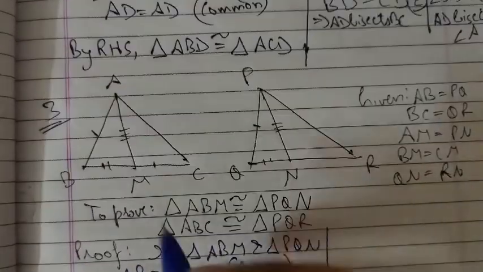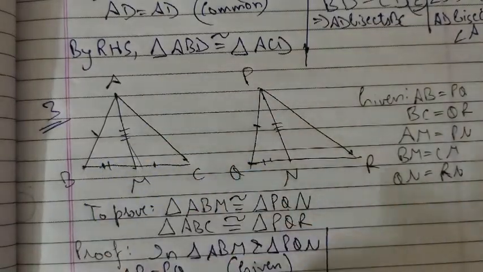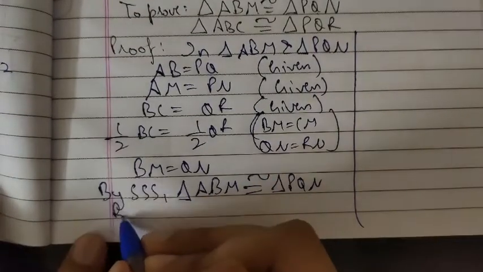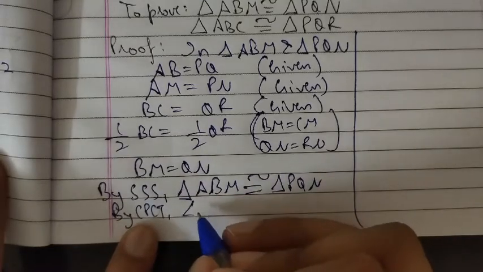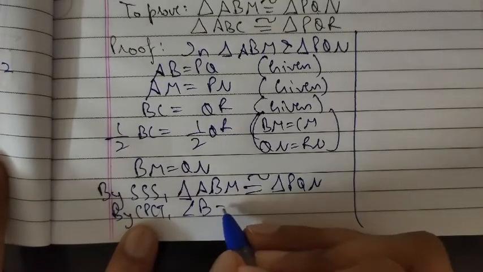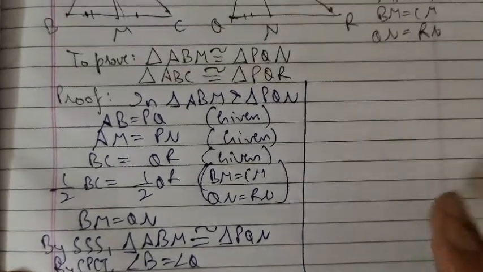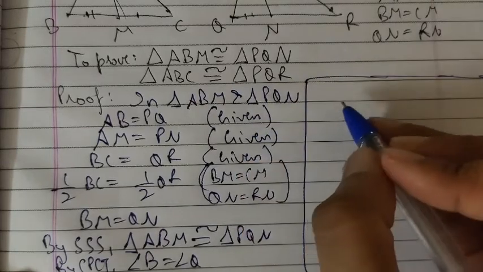How? Side. So by SSS, both the triangles are congruent. So by CPCT, angle B is equal to angle Q, right? Angle B is equal to angle Q. Now we have to prove that triangle ABC is congruent to triangle PQR.